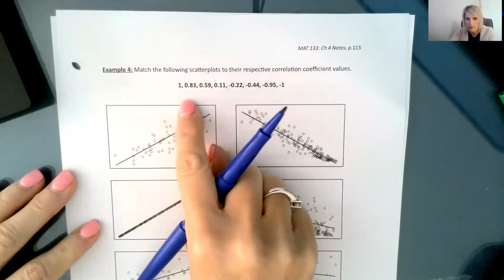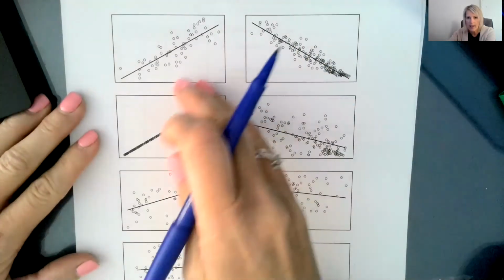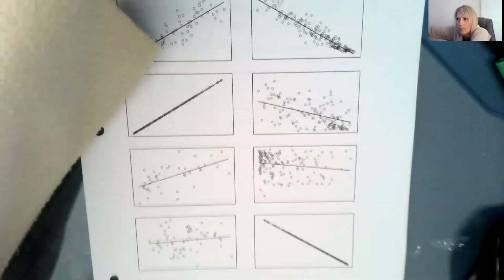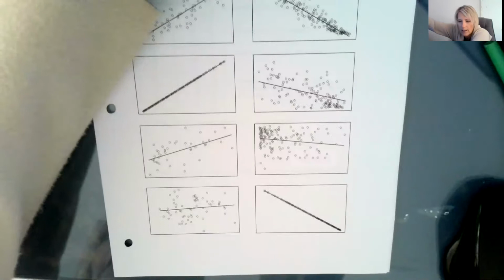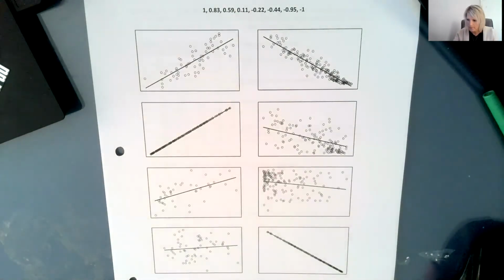Notice there's 1, 2, 3, 4, 5, 6, 7, 8 of them. So there's one for each of these 8 graphs. Do your best guess at what you think matches the graph with the correlation coefficient. When we come back, we'll put them together.